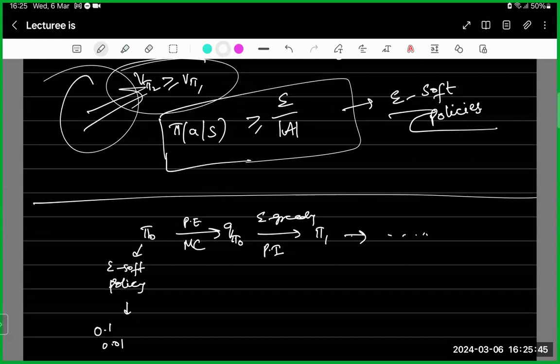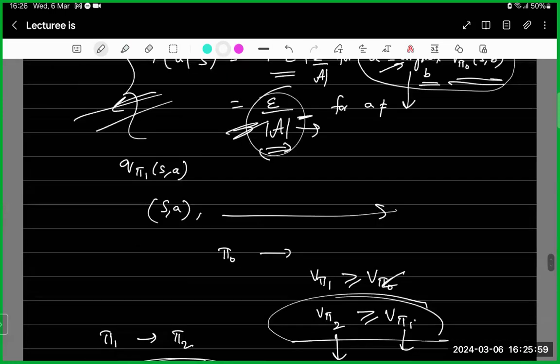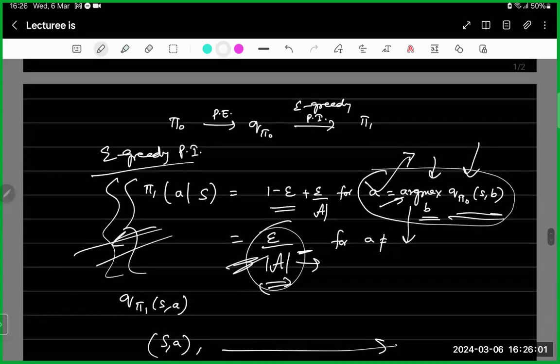You have to set one epsilon for your whole problem, and pi naught should also be epsilon soft. Yeah, because we are choosing like that. Pi 1 is an epsilon soft policy, right? Because we are playing every action with probability at least epsilon by k.